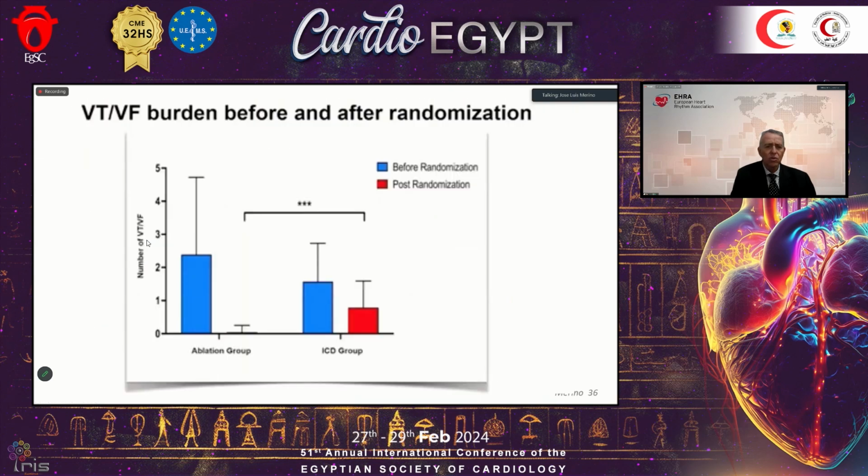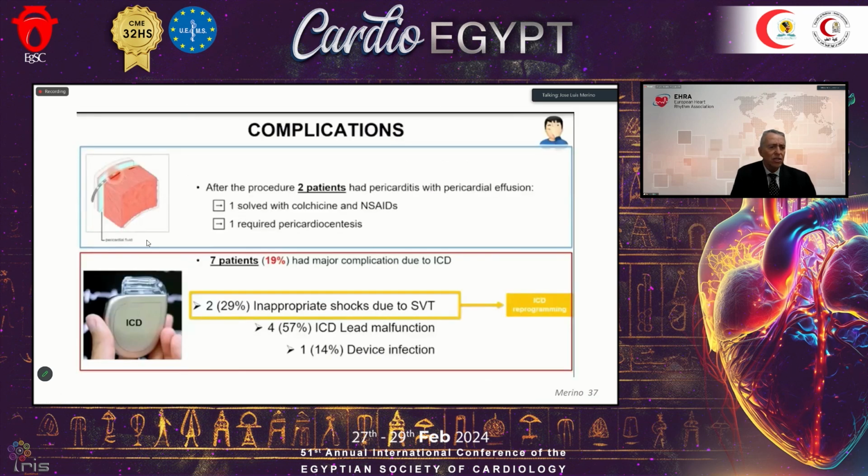Here you see also the burden in the ablation and the ICD group. In terms of complications, of course you may argue that the epicardial ablation may be associated with complications, but this was not the case in this experience. There was just a mild complication of pericarditis in 2 patients that resolved with drugs.